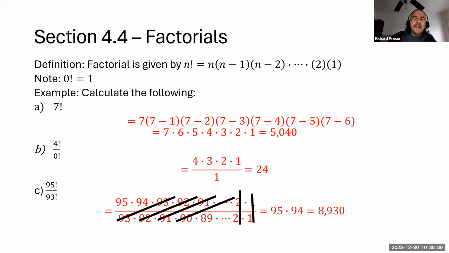That's what those lines are indicating. Those are all 1 over 1s, right? They all simplify out. So what you're really left with is 95 times 94. So that very complicated expression simplifies to something so nice as 95 times 94, or 8,930. Okay, so that's all we are left with.